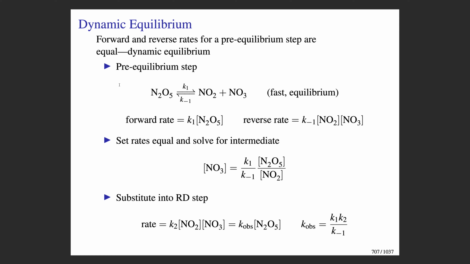So this is an elementary step. The forward rate is going to be the rate constant times the concentration of the dinitrogen pentoxide, and the reverse rate will be the reverse rate constant times the concentration of each of the reactants. Once this reaction comes to equilibrium, the forward rate equals the backward rate, and so we can set them equal to each other and solve for the intermediate concentration.